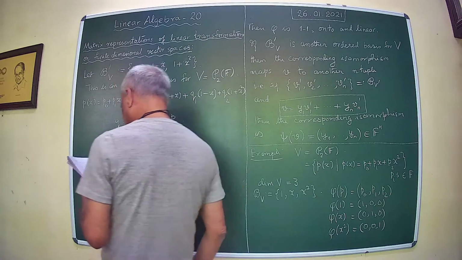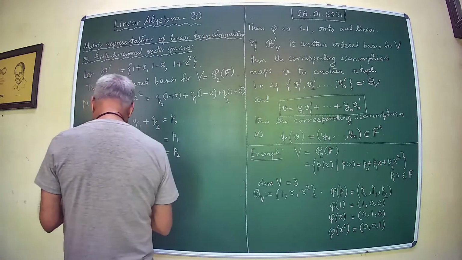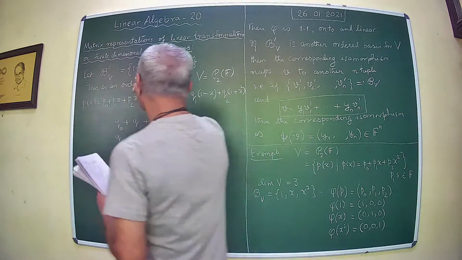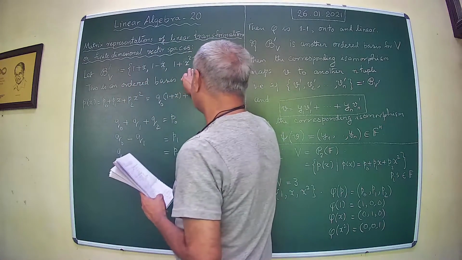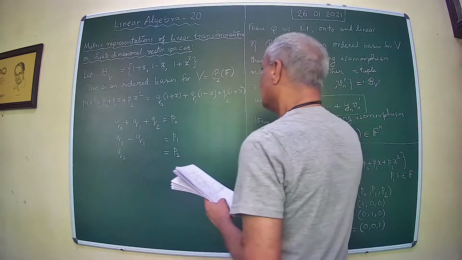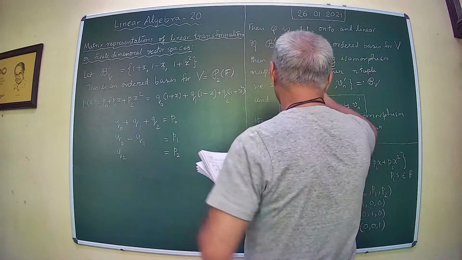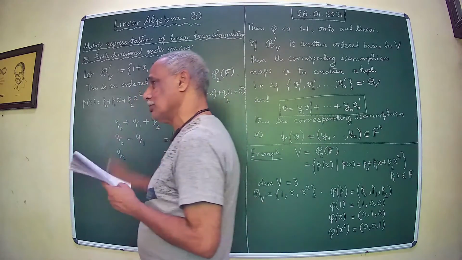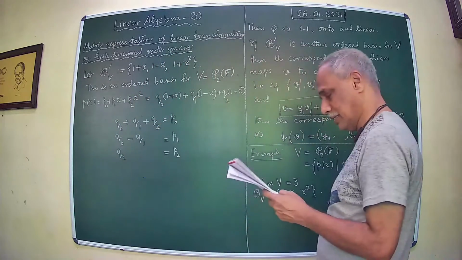Now solving these equations, one gets the following. It's simple to solve. It can be solved because this is a linearly independent set, and the original one that we have looked at, 1, x, x square, is also a linearly independent set.